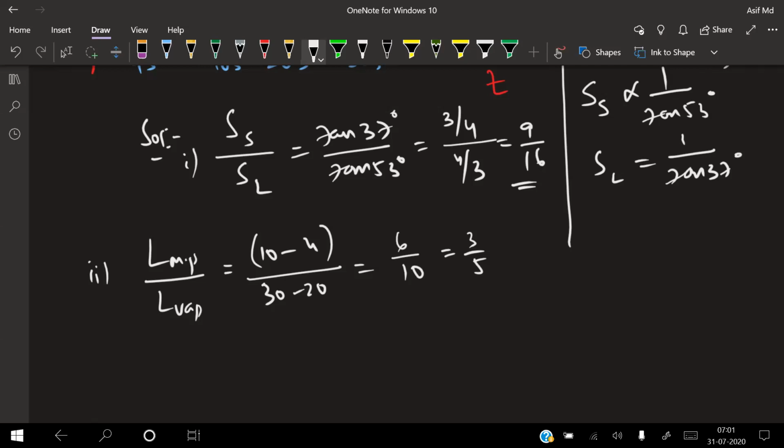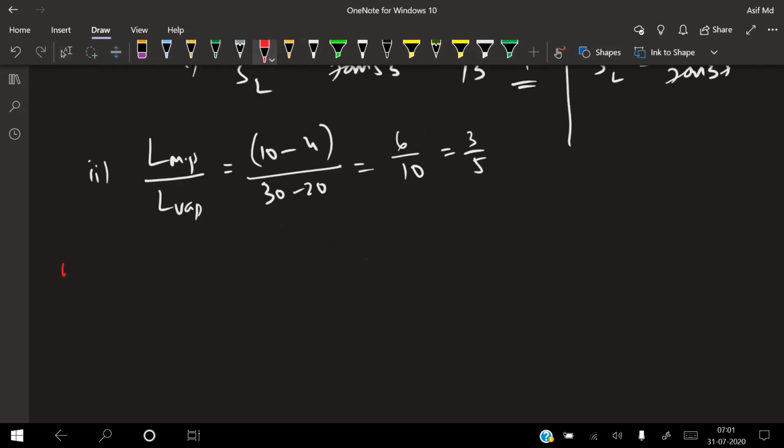Yes, sir. So, let me give you one more question. Say for example, this is a graph given for me. This is temperature and this is time. The graph is given somewhat like this. The first part goes like a straight line, then it becomes constant, then again it is increasing.